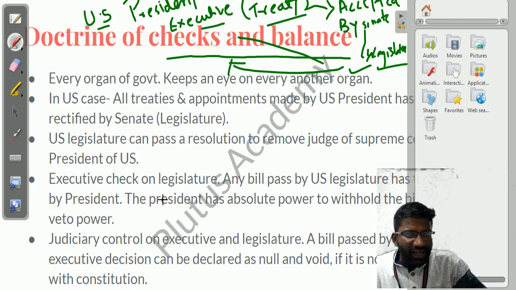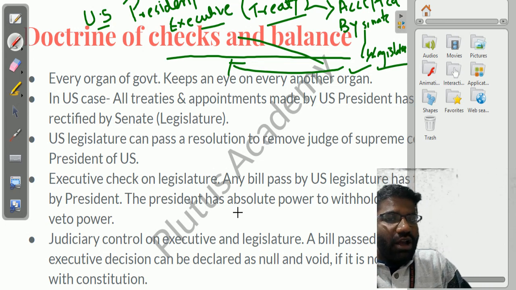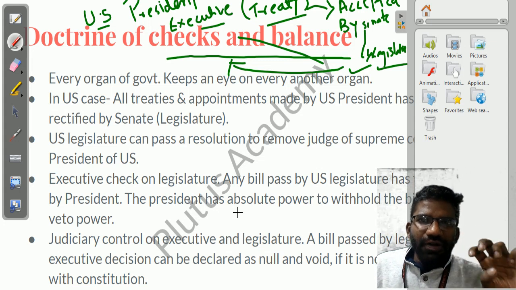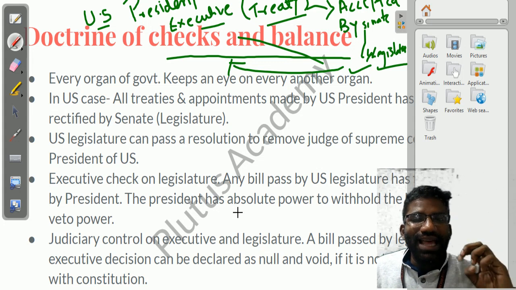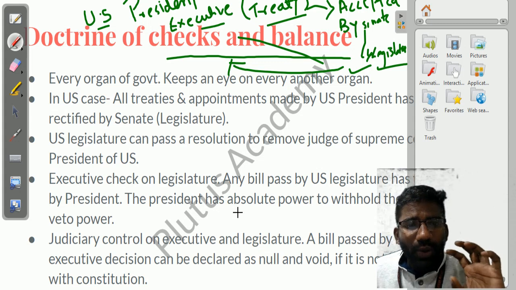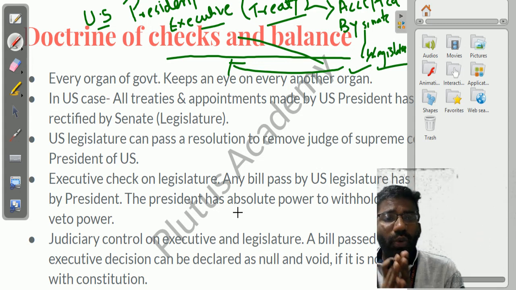Now, the second point is how the legislature has more power over the judiciary as well. See, if a judge of the Supreme Court of the United States has to be removed, where will the resolution be presented, where will the first step be taken? The resolution has to be presented before the US Senate.